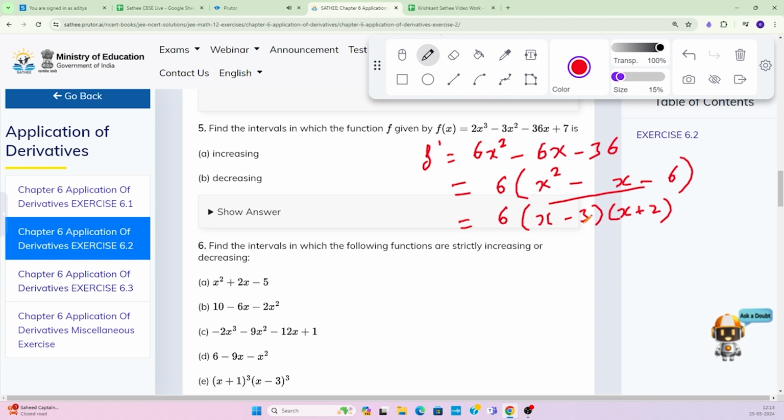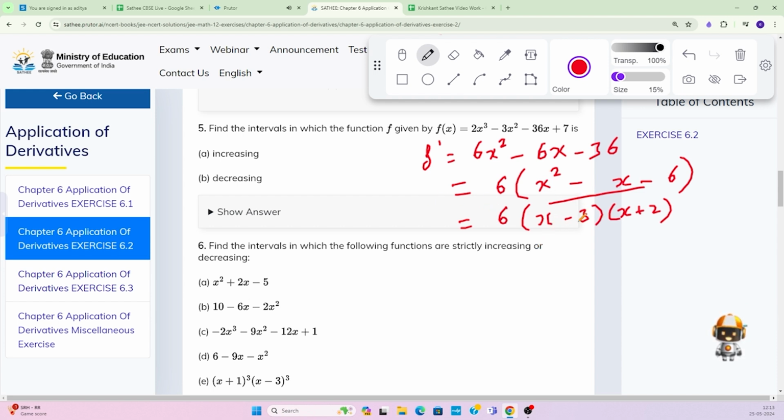How? As you can see, if you put 3, it will be 9 minus 9, which will give you 0. If you put minus 2, it will be 4 minus 4, which will be 0. You can also use the quadratic formula for this form.